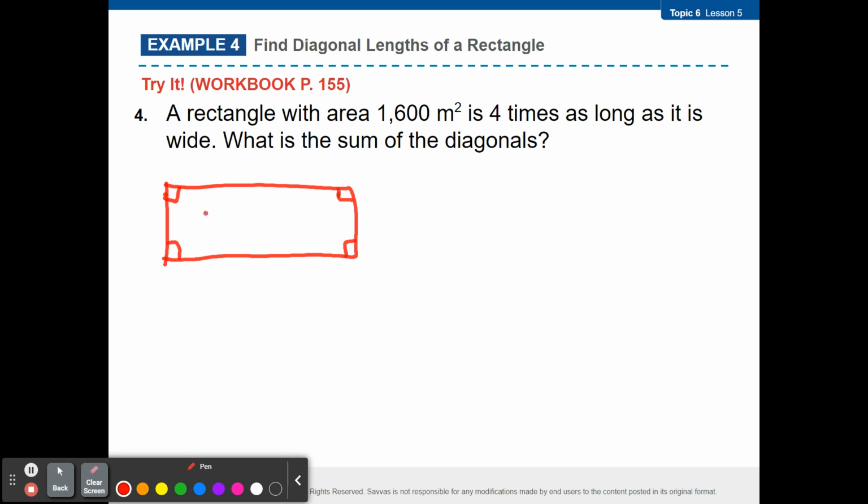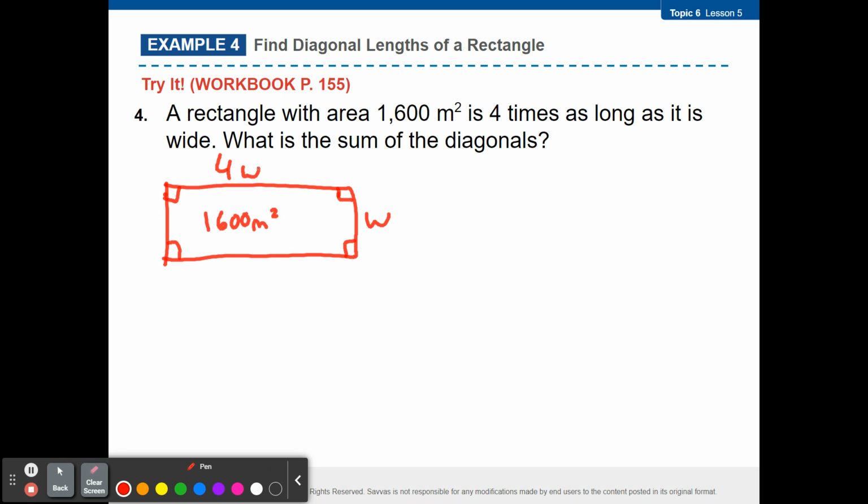The area is 1,600 meters squared. And they're saying it is 4 times as long as it is wide. So if I put everything in terms of W, this is what we have. And now they're asking, what is the sum of the diagonals? Yes, sure. So I think the first thing we probably need to do is solve for W and then maybe apply the Pythagorean theorem. How does that sound?